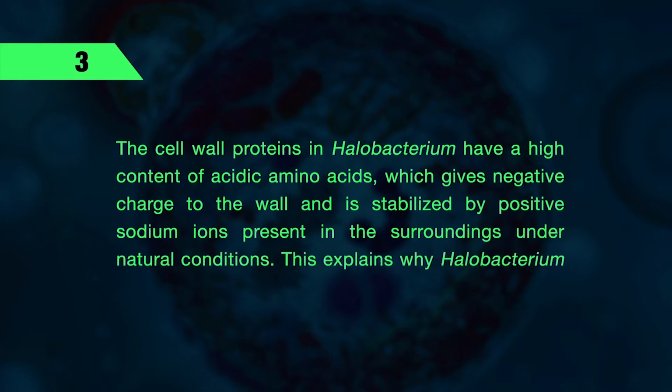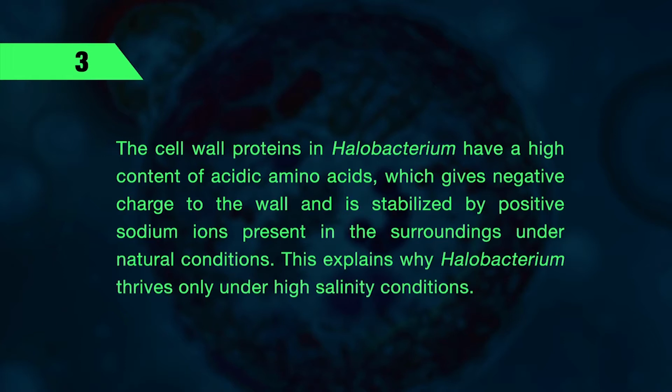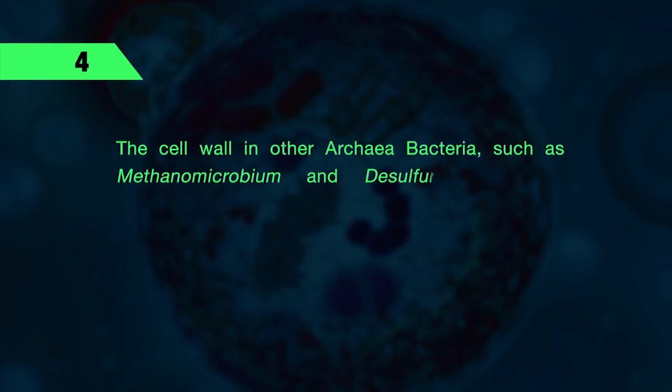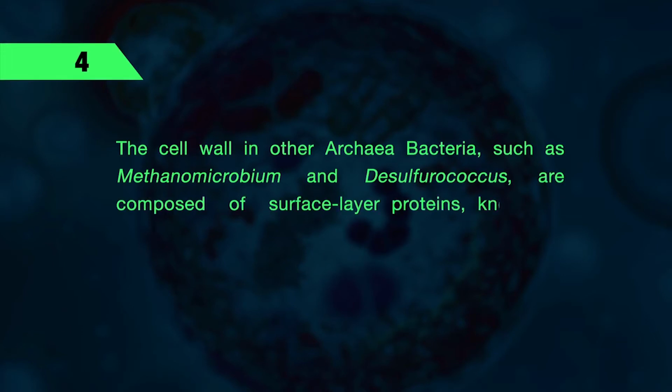This explains why Halobacterium thrives only under high salinity conditions. In the fourth type, the cell wall in other archaebacteria such as Methanomicrobium and Desulfurococcus are composed of surface layer proteins known as S layer.